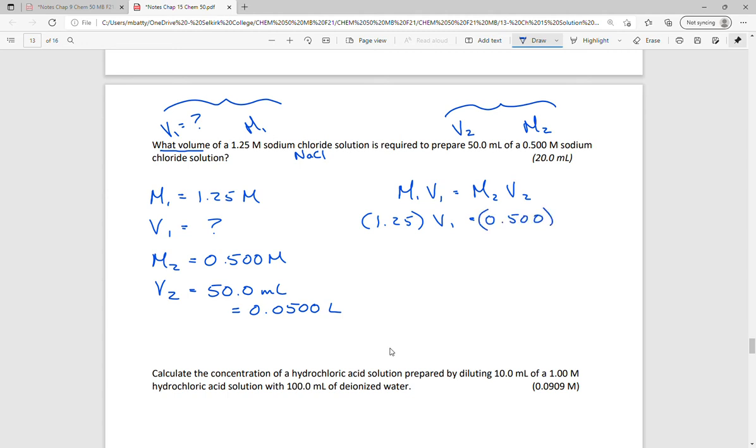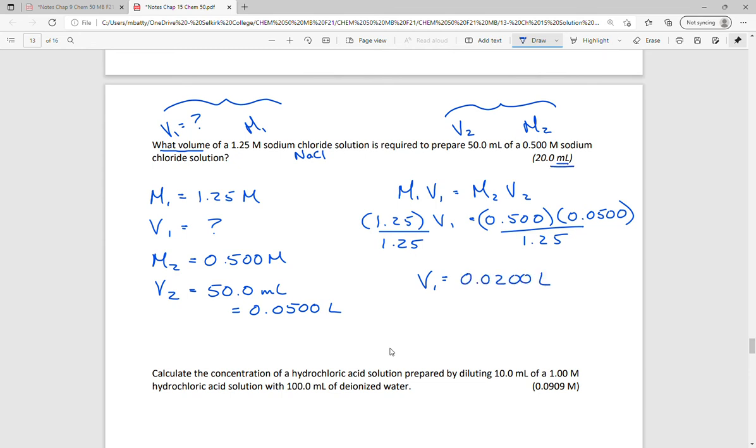So subbing in, I could solve by dividing by 1.25 on both sides. And my calculator will tell me that my V1, or my volume of sodium chloride, is, in liters, really awkwardly, 0.0200 liters.